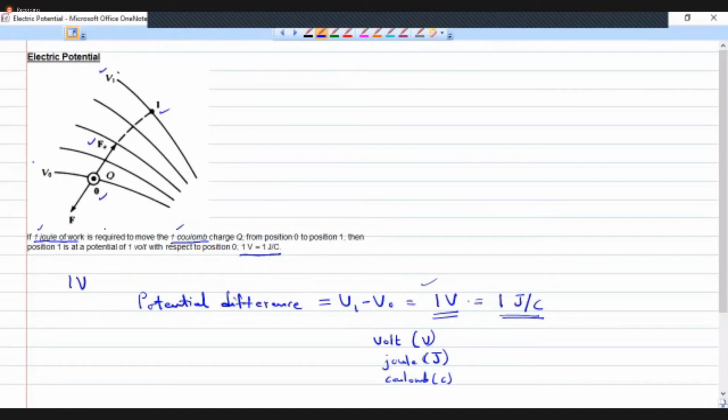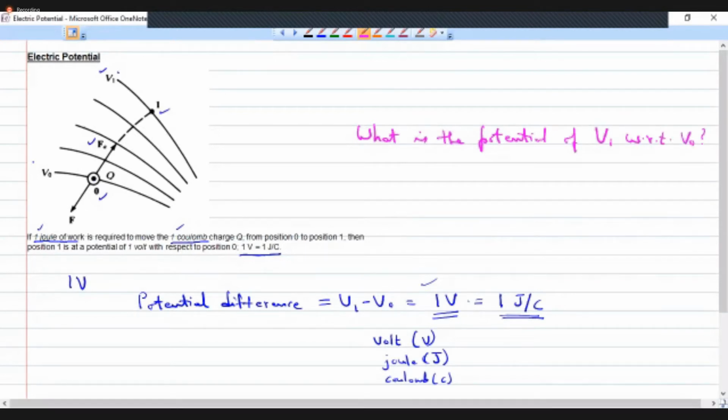Also, one more thing you should understand here is: what is the potential of V1 with respect to V0? In this scenario, what is the potential of V1 with respect to V0?